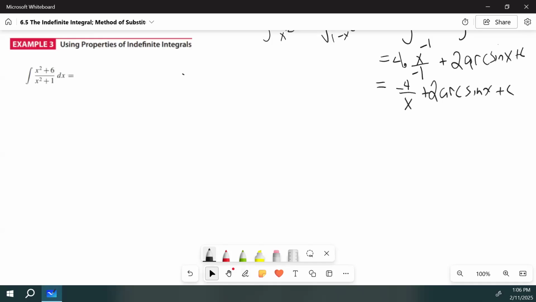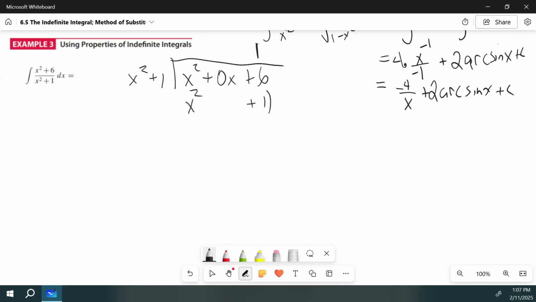So x squared plus 0x plus 6, and we need a placeholder for the x term, the linear term. And we would have to put a 1 here, so 1 times x squared plus 1 is x squared plus 1. If we subtract those, we would have 5, so the remainder is 5. This integral would be 1 plus 5 over x squared plus 1 dx.